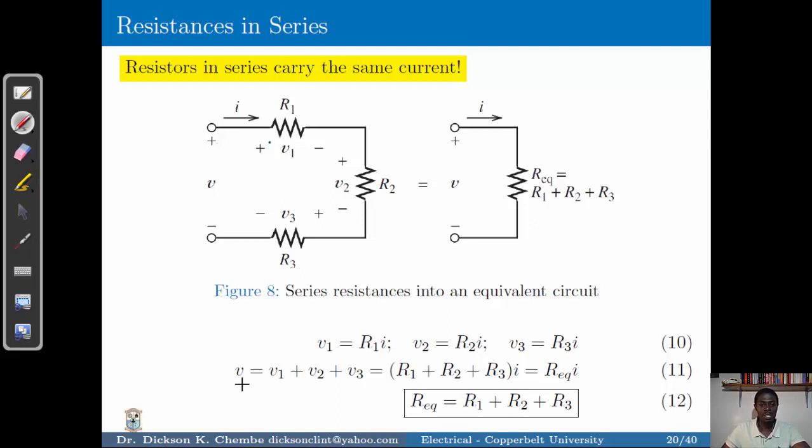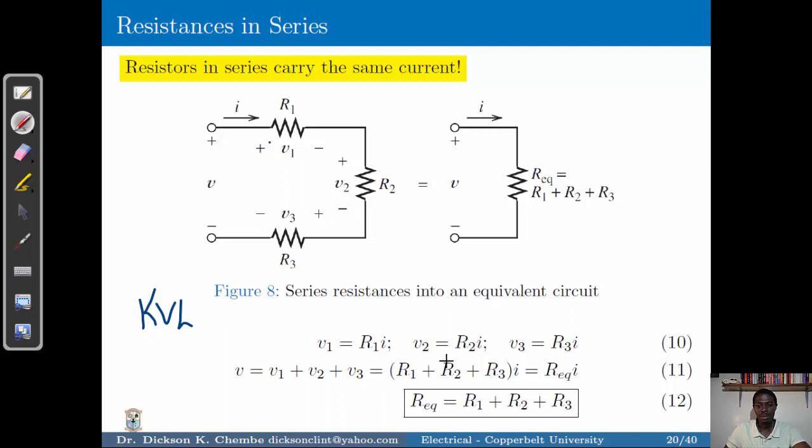So we start using KVL, that is Kirchhoff's voltage law, which states that the sum of voltage sources must be equal to the sum of voltage drops in the series connected circuit.